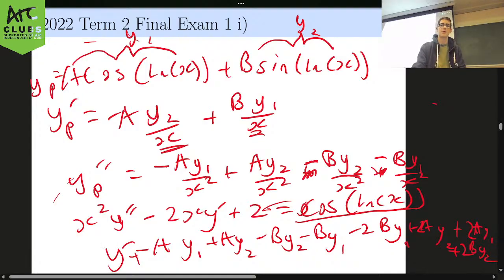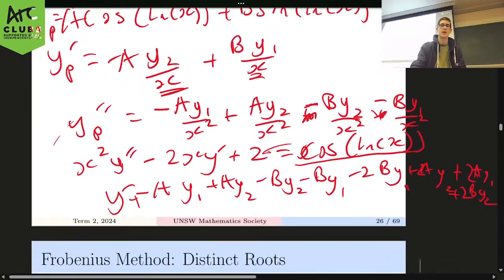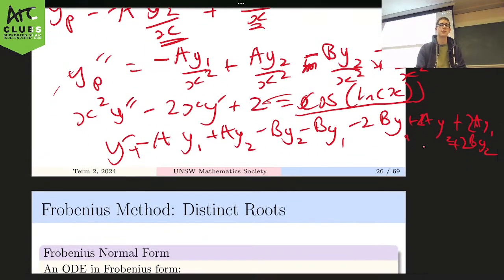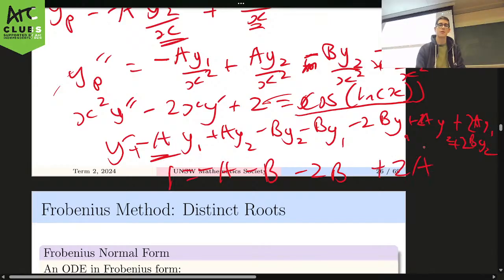So that gives us a nice equation. And then because these two functions, y1 and y2, are linearly independent, then we would say that 1 is equal to negative a minus b minus 2b and then plus 2a, right? So grabbing all the coefficients of y1.